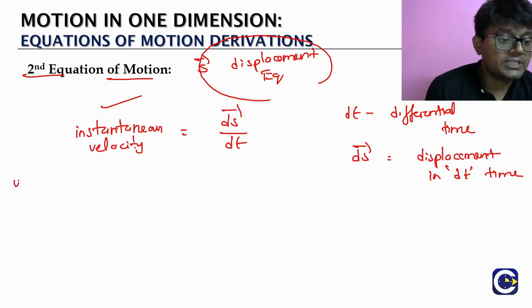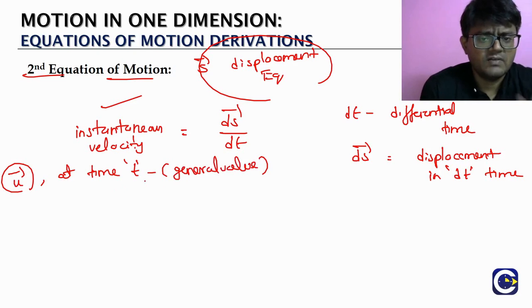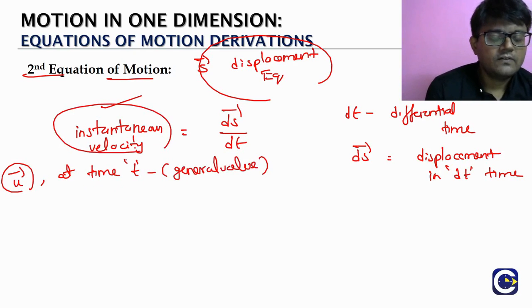If you start your journey with an initial velocity u, and we are at time t, which is any general value for the time, then what is the final velocity formula? We already got it from the first equation: u plus a into t.